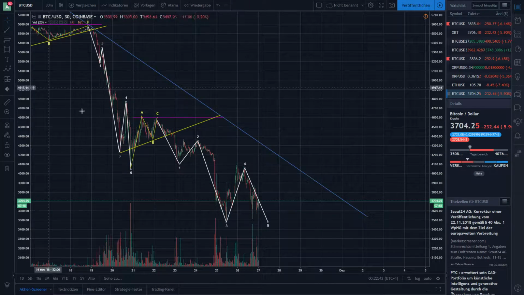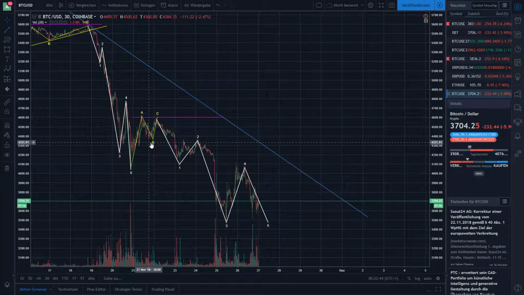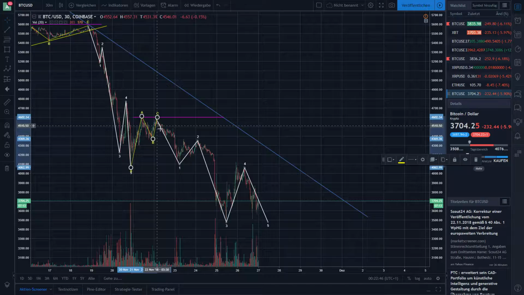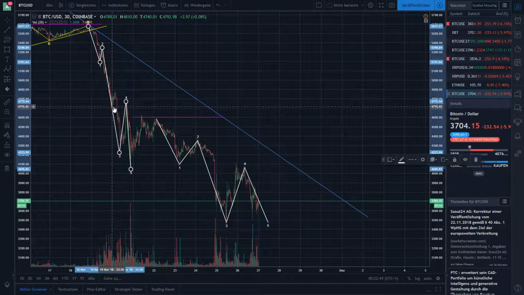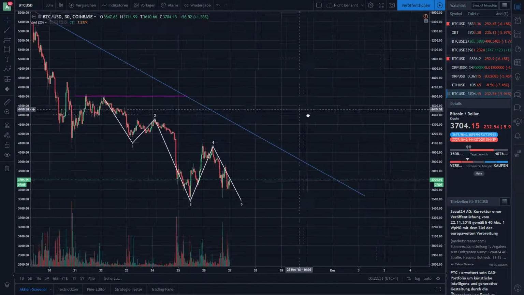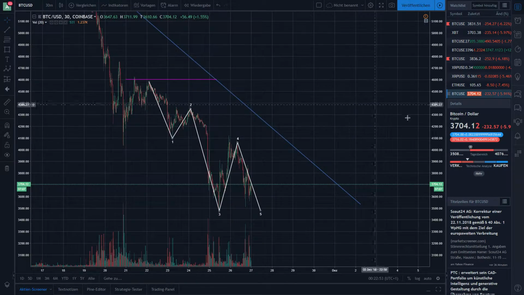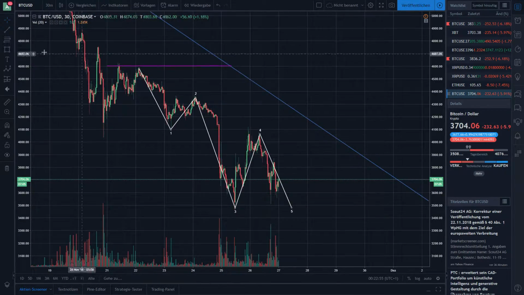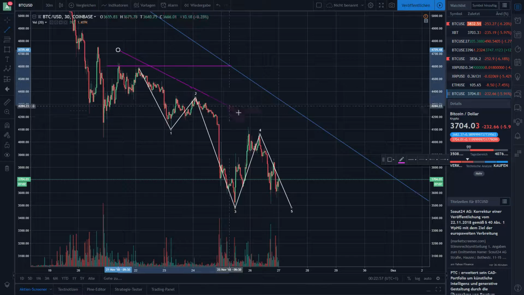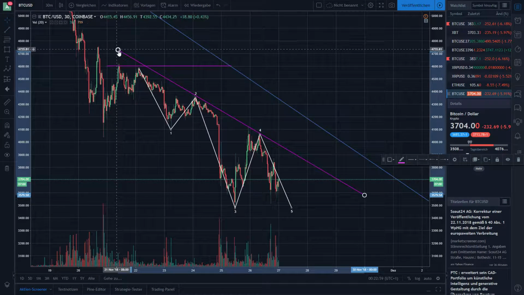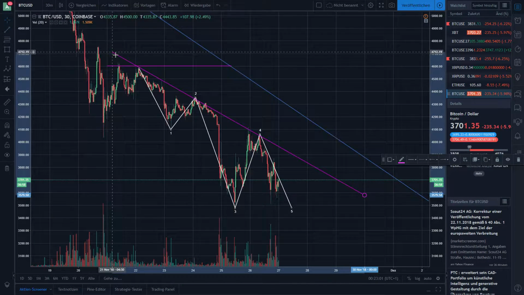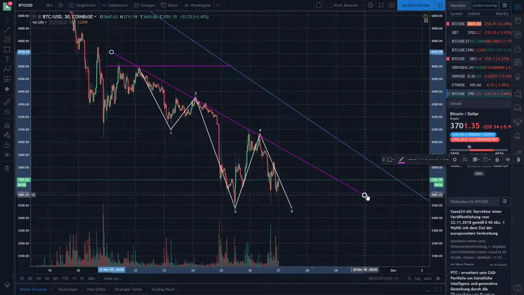So, delete this now. So what we see here, we see this trend line forming, a very nice resistance trend line.